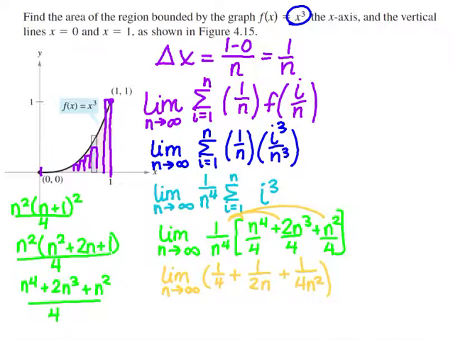So now what we're going to do is, if you remember from yesterday, this would be classified as the upper sum because the rectangles were above. We're going to evaluate this and take the limit. First of all, we know the limit of 1/4 is just going to be 1/4, right? That was the limit of a constant. We know the limit of 1 over 2n follows those limit rules.